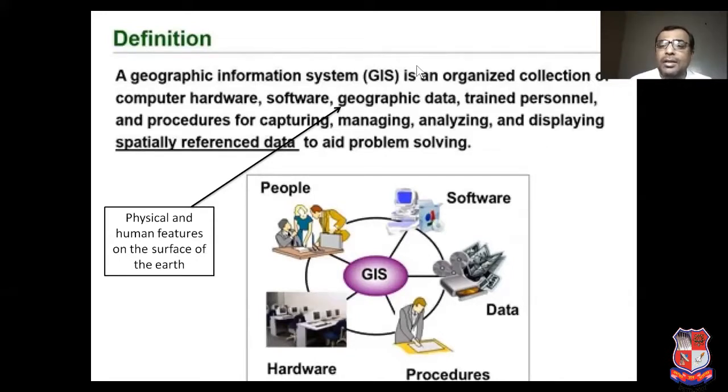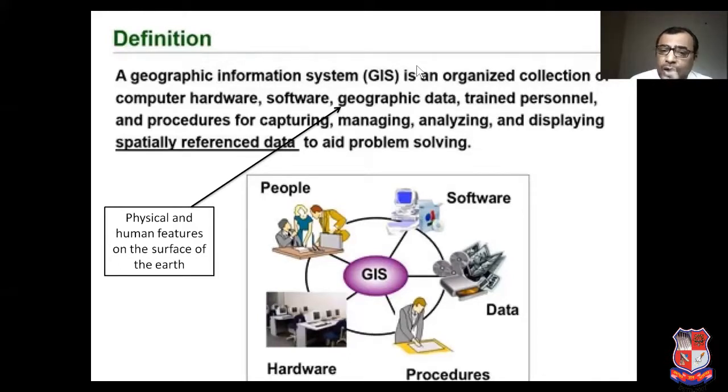Now here it is necessary to understand what is geographical data. Geographical data means physical and human features that are located on the surface of the earth. You can see in the diagram also.